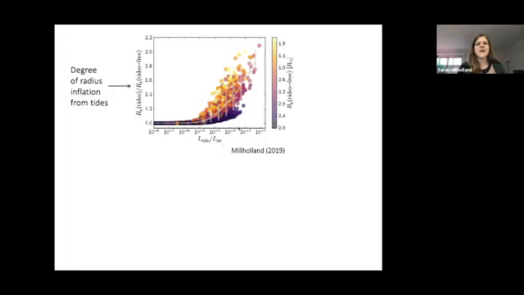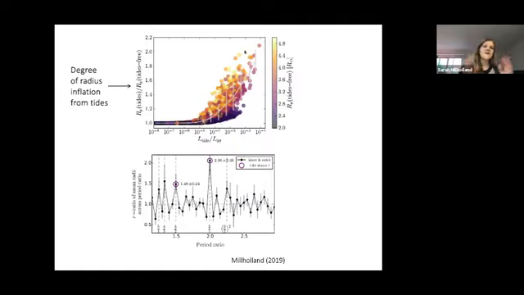It's pretty clear that tides can substantially inflate planet radii when this ratio is greater than about 10^-5 or so. Beyond this amount of tidal heating, the planet radii can inflate by up to about 2 times their size in the most extreme cases.